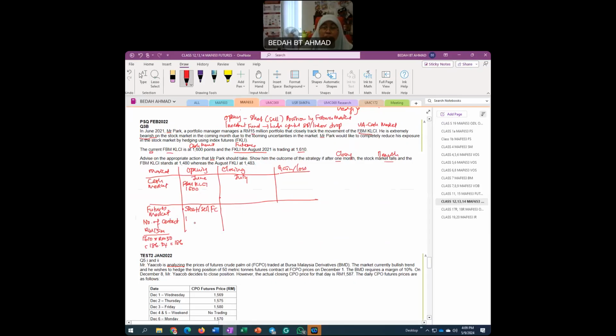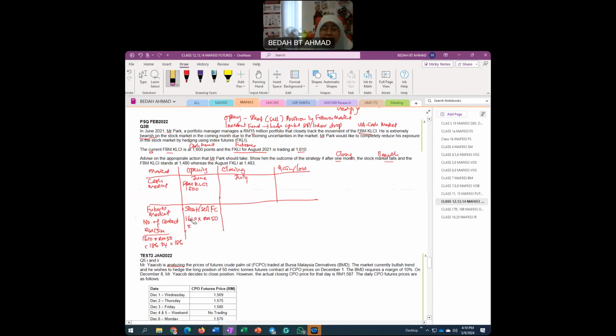We locked the index point at the opening, which is in June. 1610 multiplied by the contract size 50 gives you 80,500, and multiplied by the contract number.